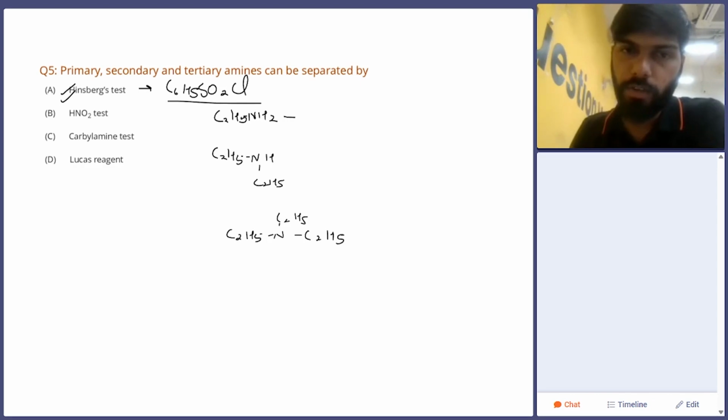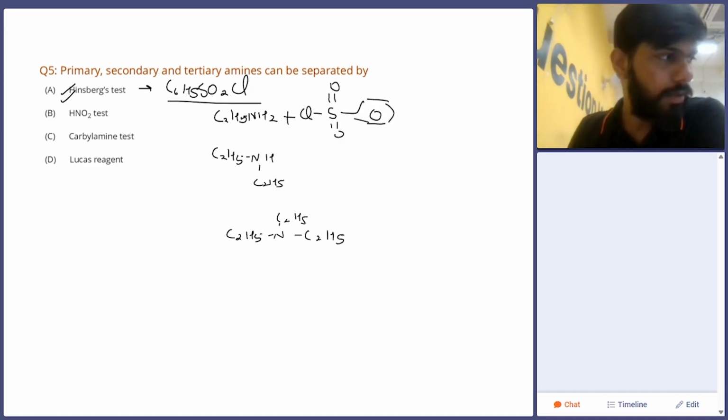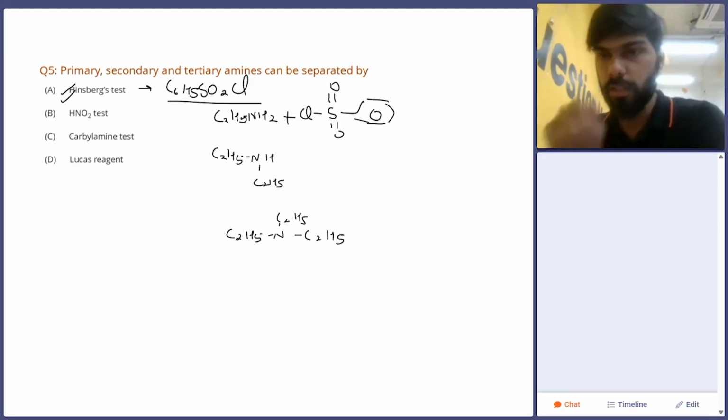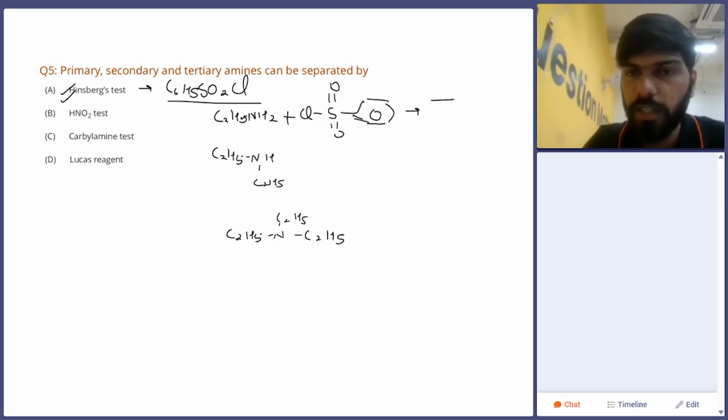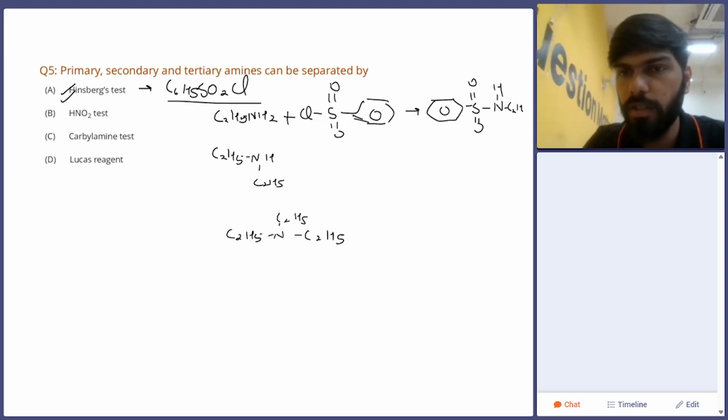See, first of all, when a primary amine reacts with Hinsberg reagent, then after that, what will happen here, students? One of the H from here will be removed. When one H is removed, the structure becomes NH C2H5.